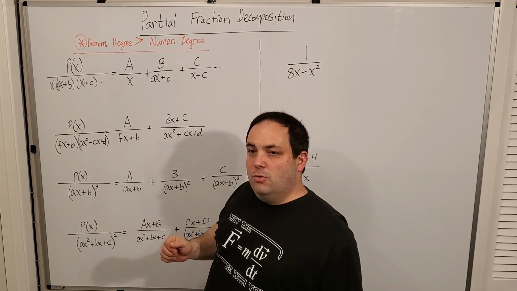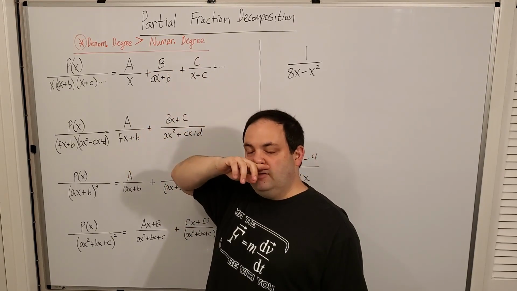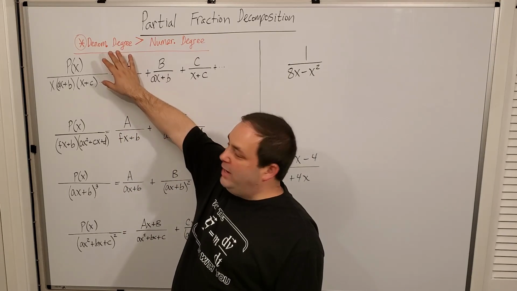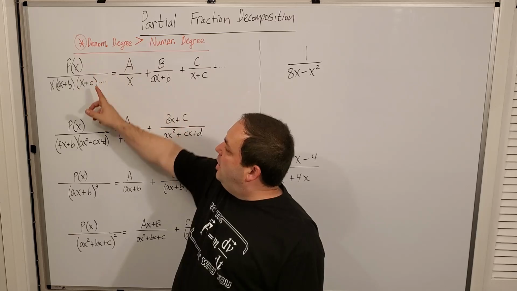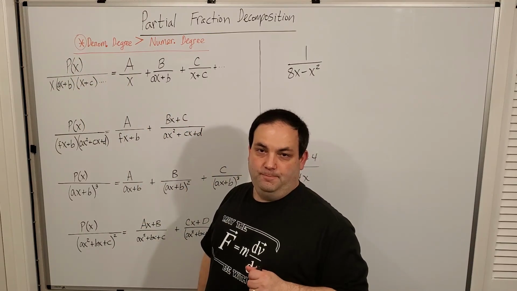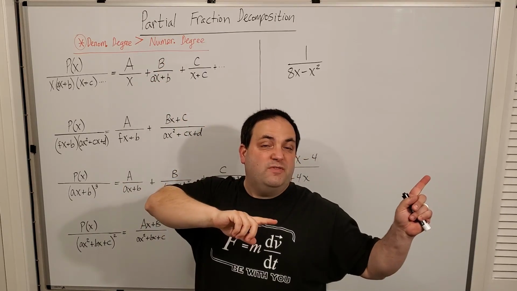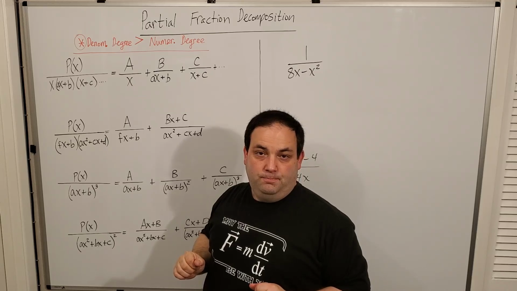If they're linear, then the numerator is going to be just a number. The reason for this is that when you enter this, you should be checking that the denominator degree of your big fraction is larger than your numerator degree. If this isn't true, then you can do some sort of division first, like what we did in the last lecture.